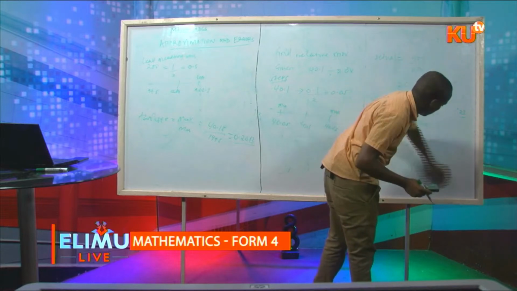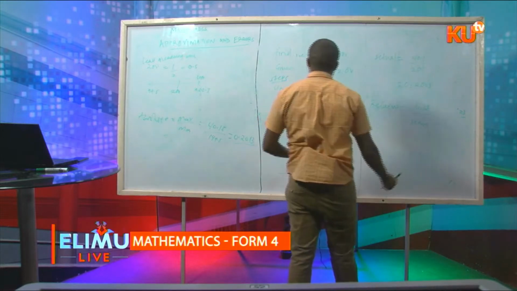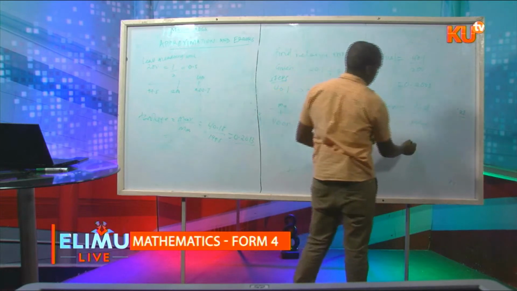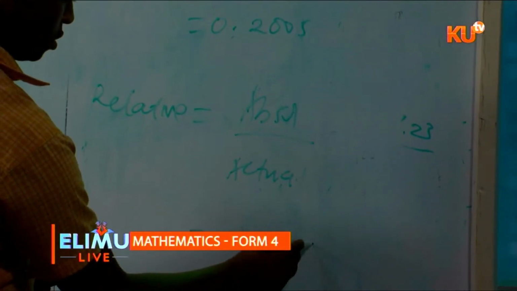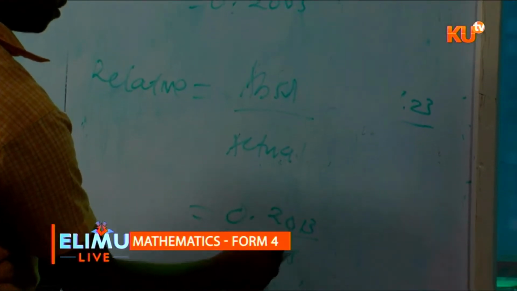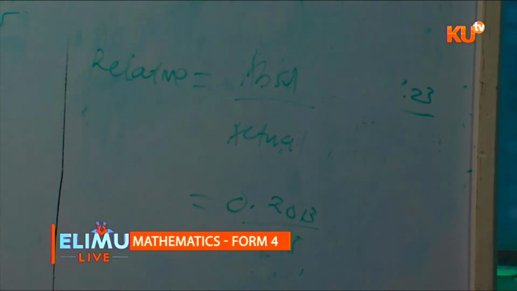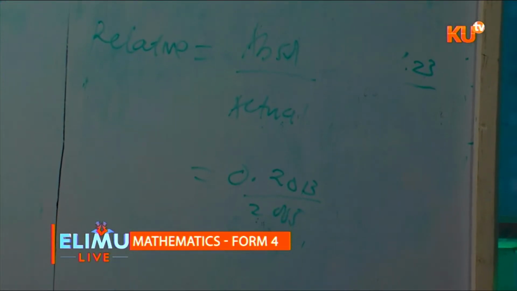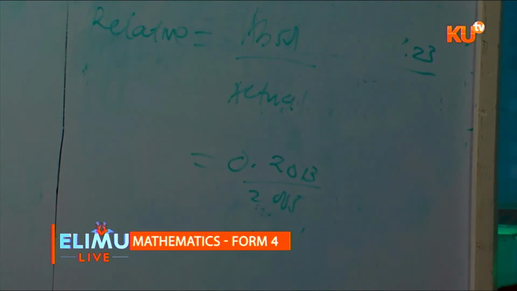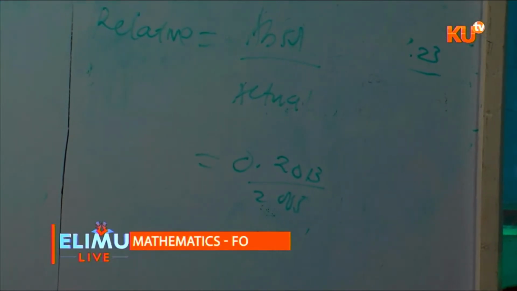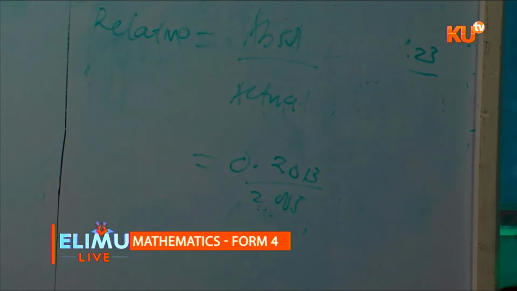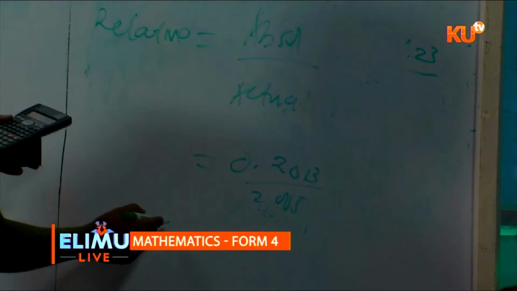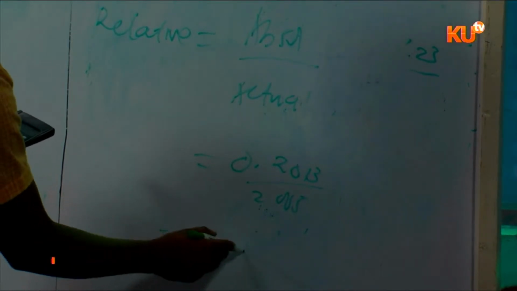So it will be 0.0013 divided by 0.2005, and you get the answer there will be 0.0001.